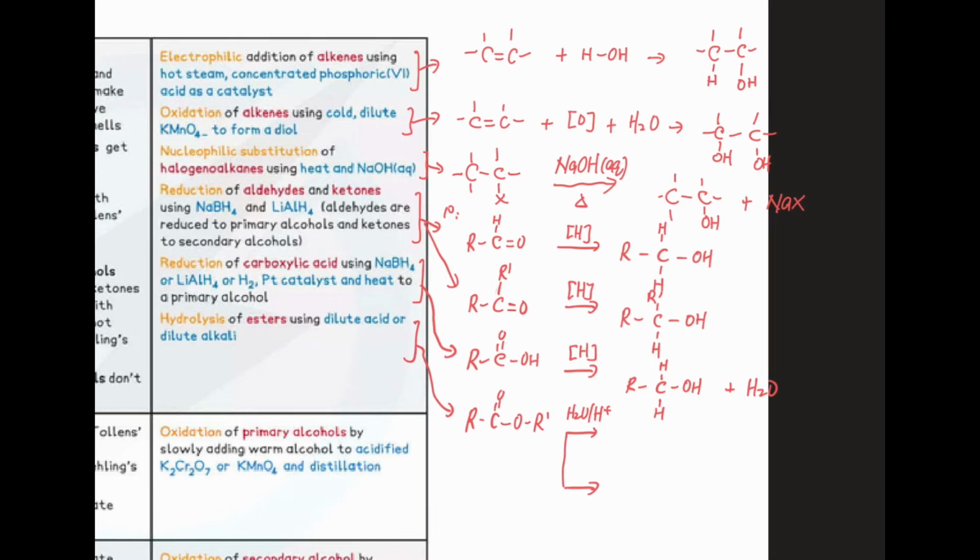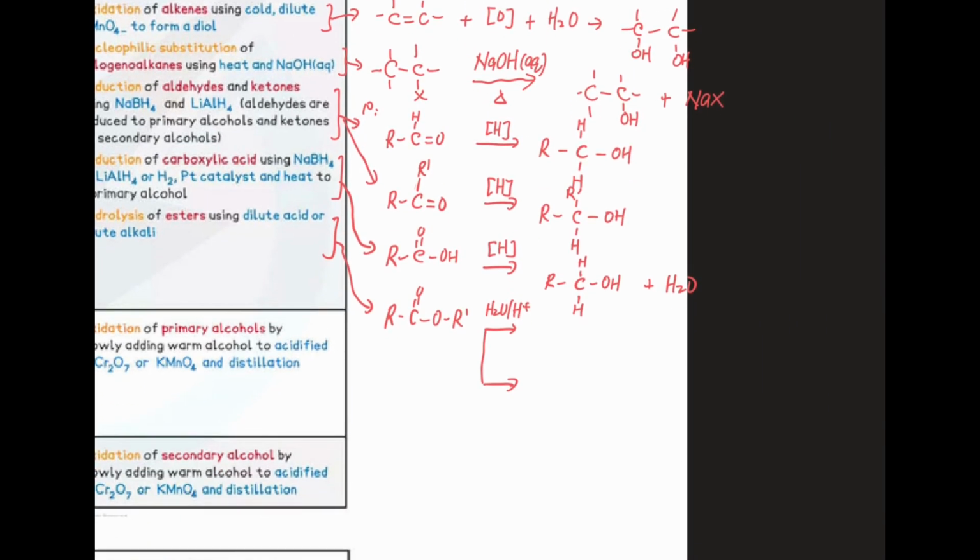This is called acidic hydrolysis. So remember you have to break the functional group at that particular point where I put in blue color. So that will form the original components, which are RCOOH, the carboxylic acid, and R prime OH, the alcohol.